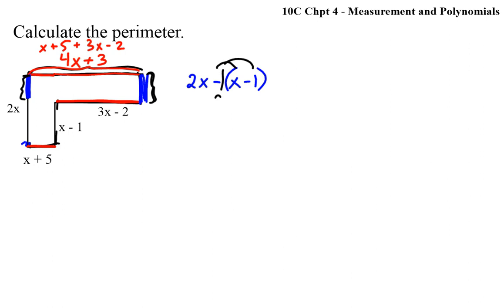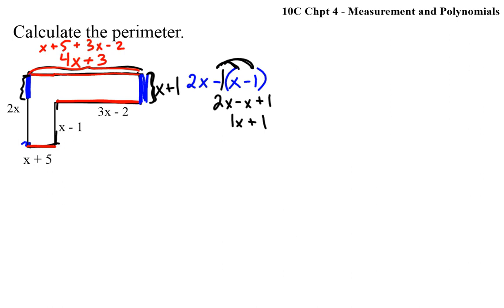Distribute the negative 1. We have 2x minus x plus 1 because the negative 1 gets distributed. Leaves us with 1x plus 1. There's the length of that side, x plus 1.